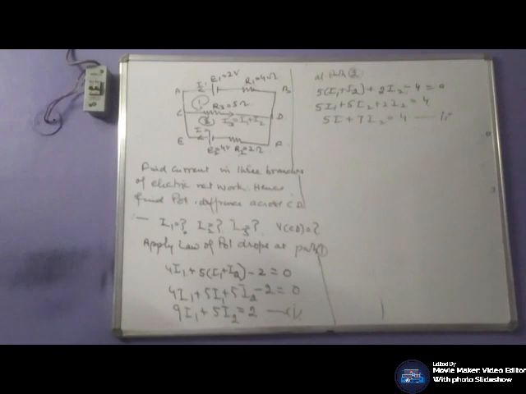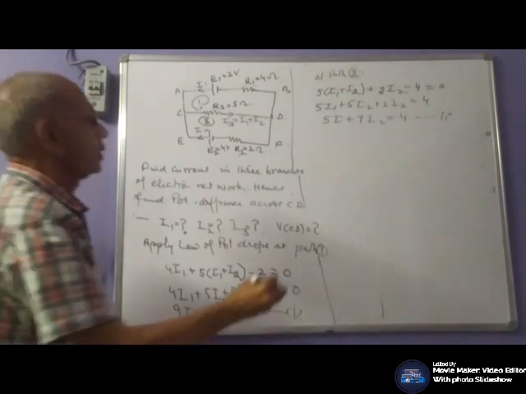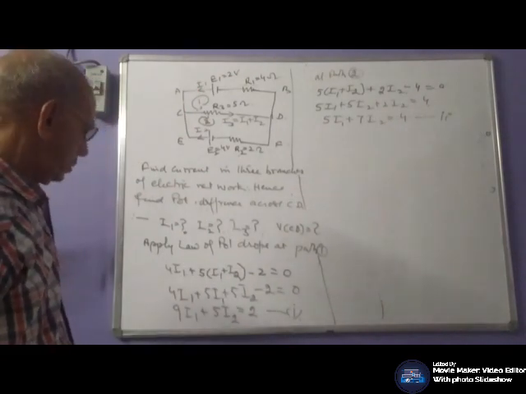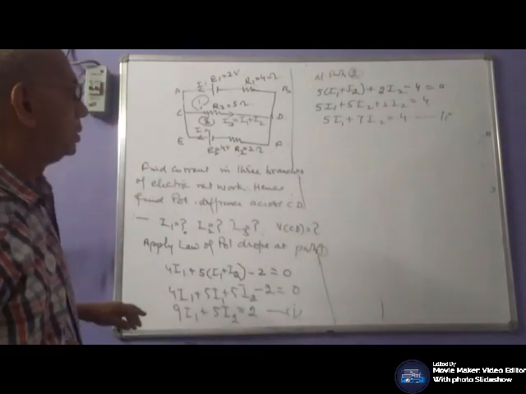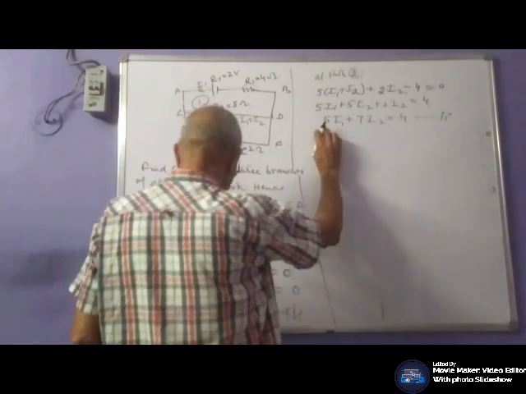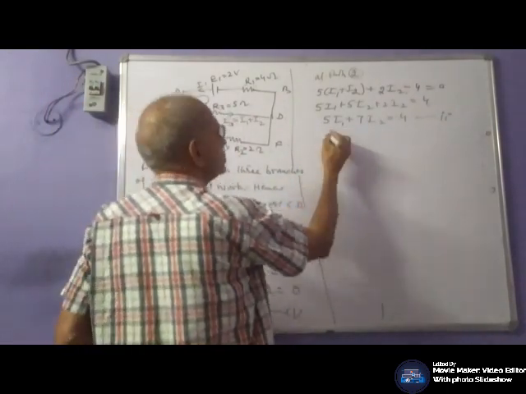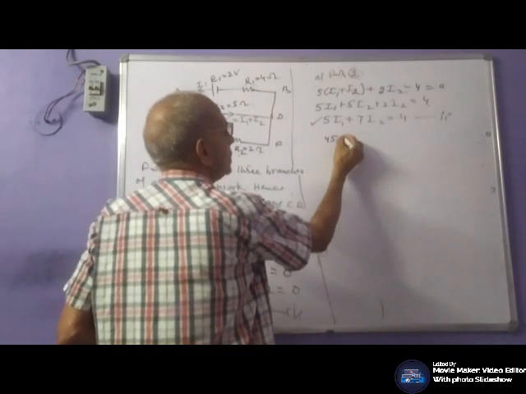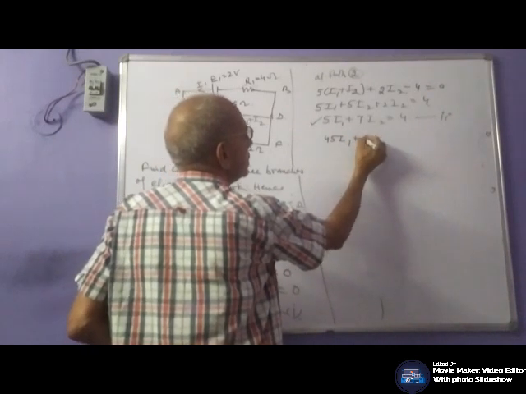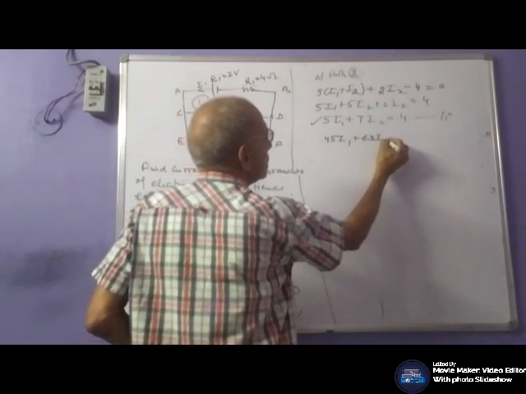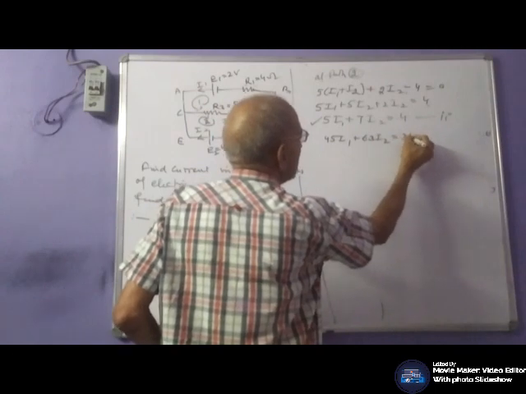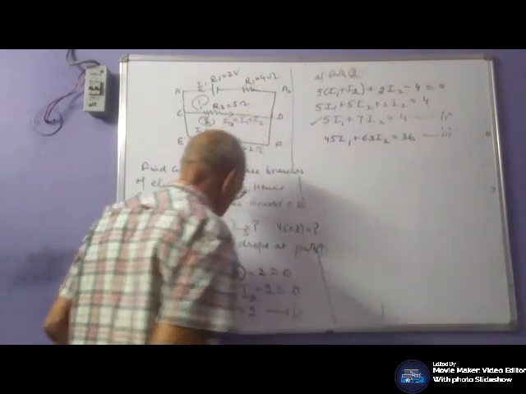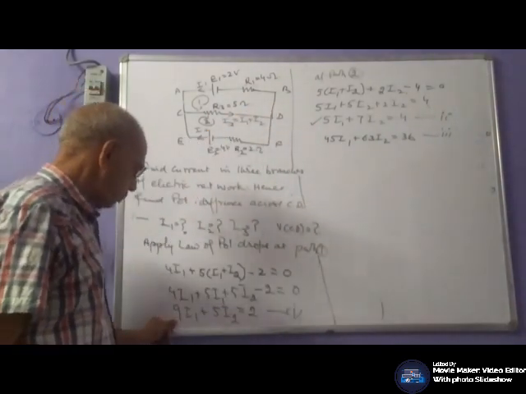Now solve them. Multiply it by 9. This by 9. Third. And this by 5. Multiply this by 5.